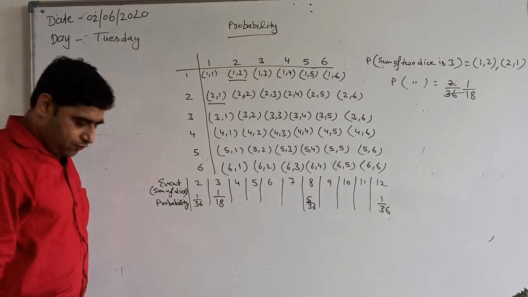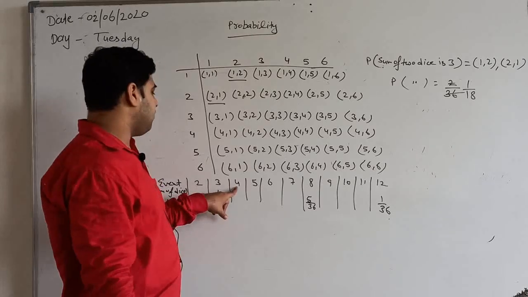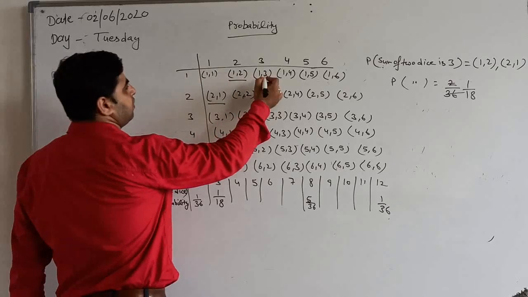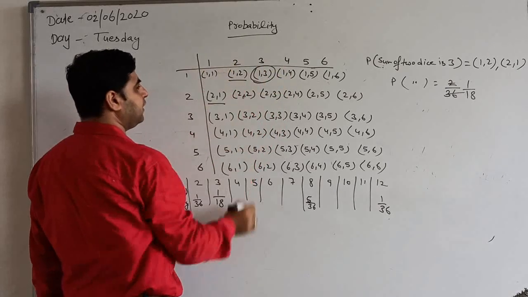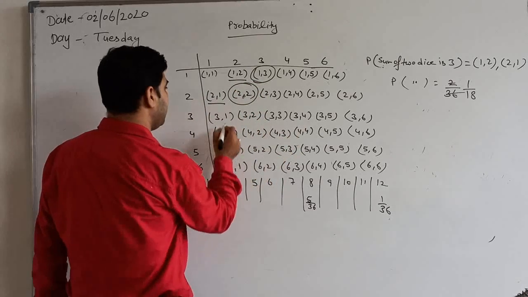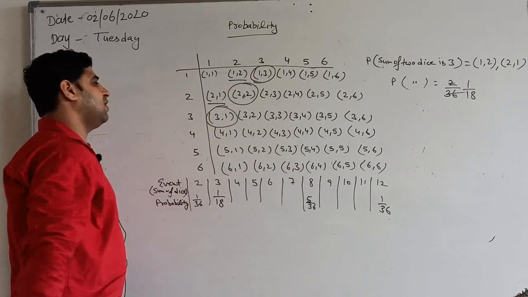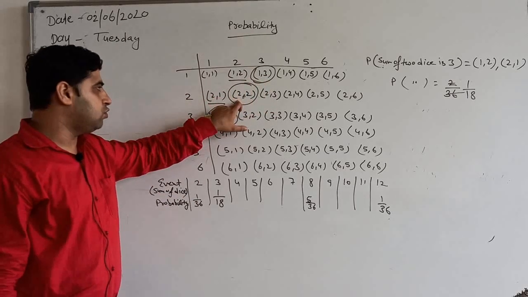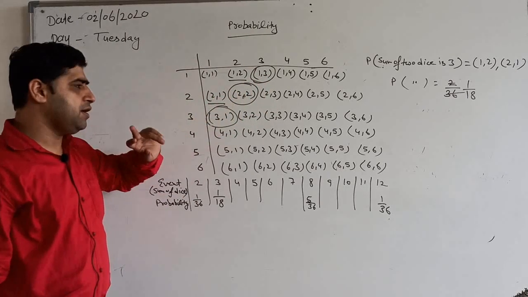Same here, when we throw two dice, the sum will come out 4. So 1,3; 2,2; and 3,1. The sum will come out 4: 1 plus 3 is 4, 2 plus 2 is 4, 3 plus 1 is 4.